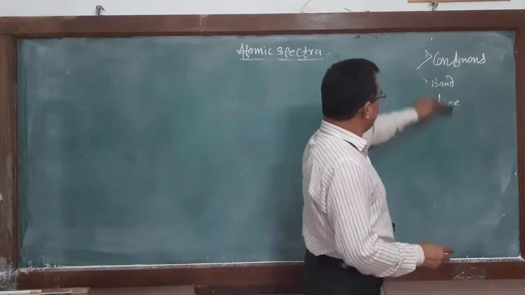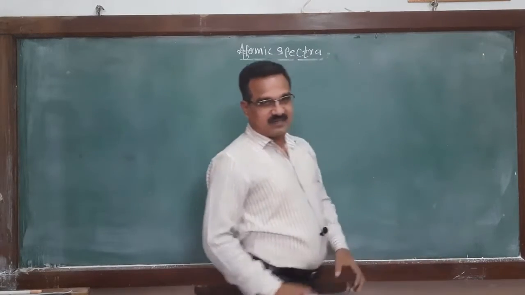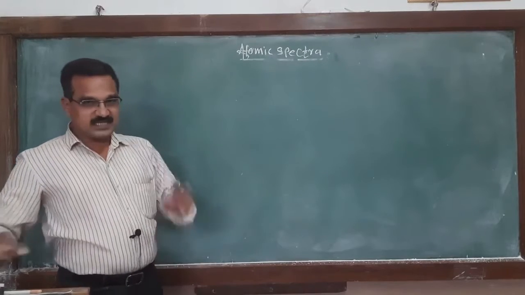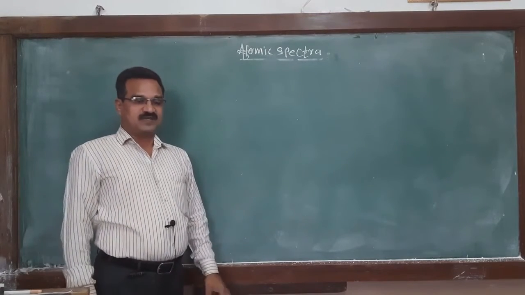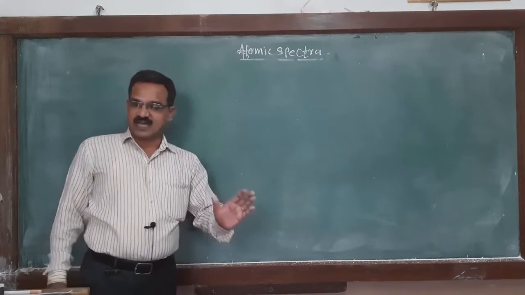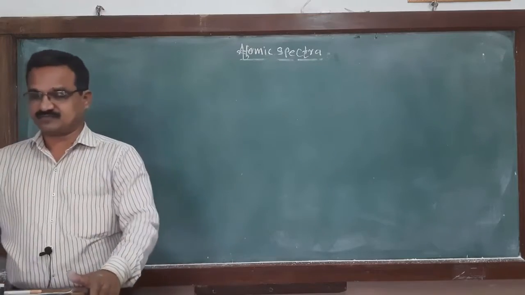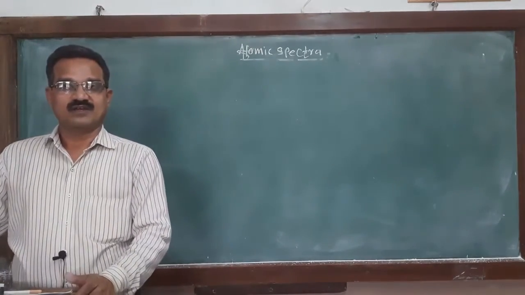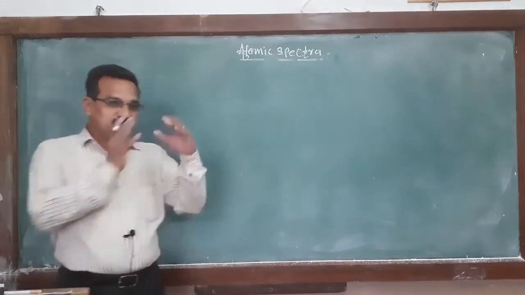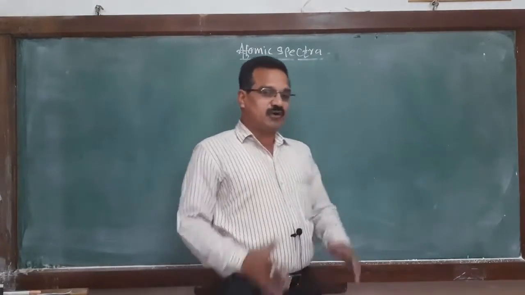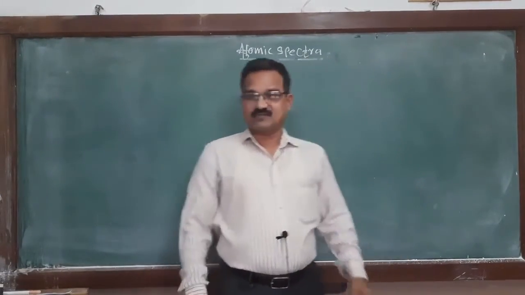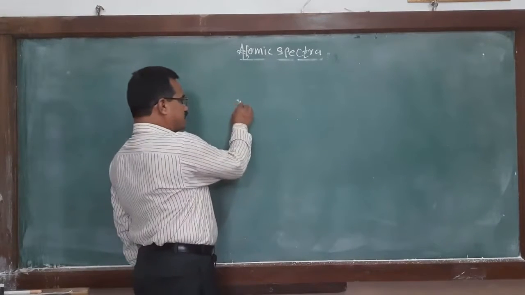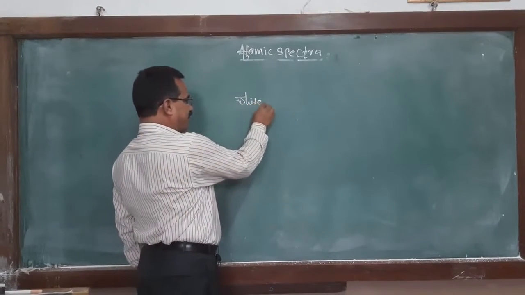The next point you remember is that in our syllabus, basically there are two types of spectrum, emission spectrum and absorption spectrum. Before studying what is meant by the emission spectrum and the absorption spectrum, first we consider, suppose this is white light.